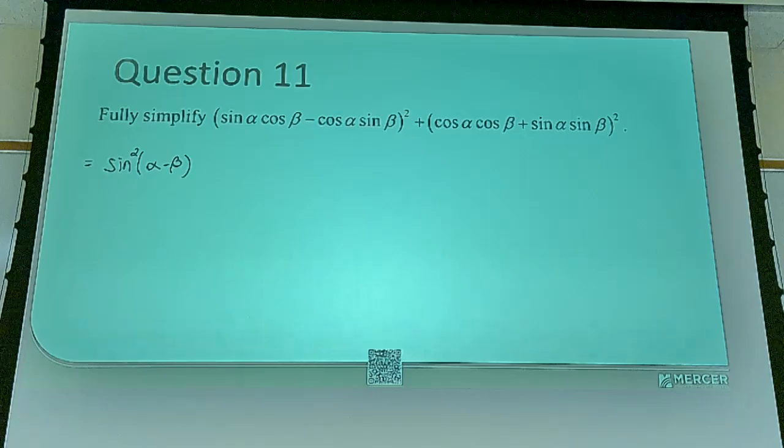That'll be sine squared of alpha minus beta plus, that second grouping is now the difference identity on cosine?